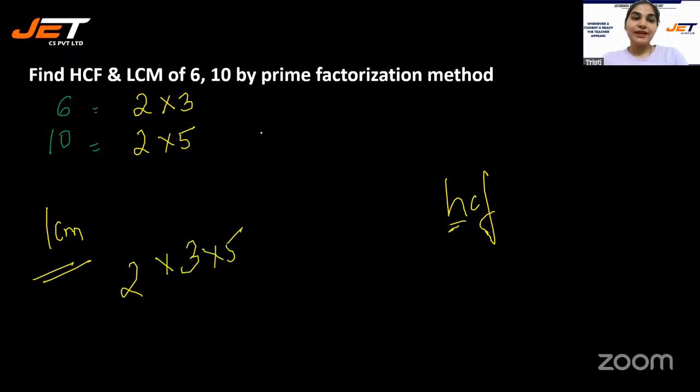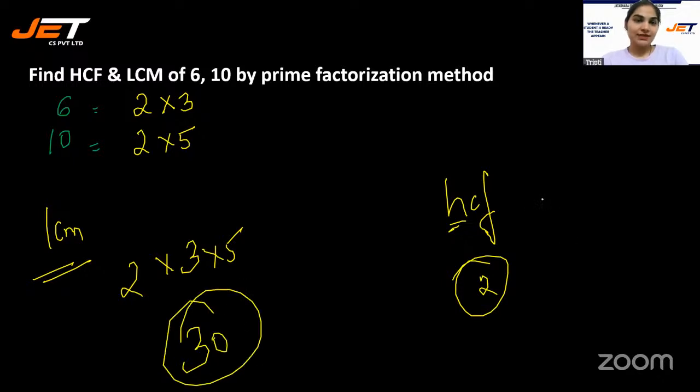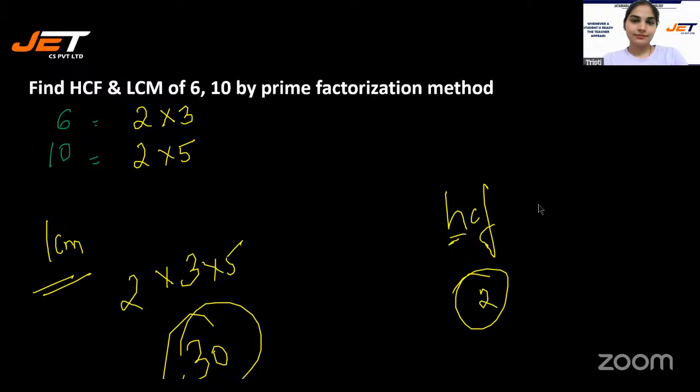And if I talk about HCF, there is only one pair, which is 2. 2 times 5 is 10, 10 times 3 is 30 is the LCM, and HCF is 2. Did you get the same answer? If yes, then you are doing great. Amazing.